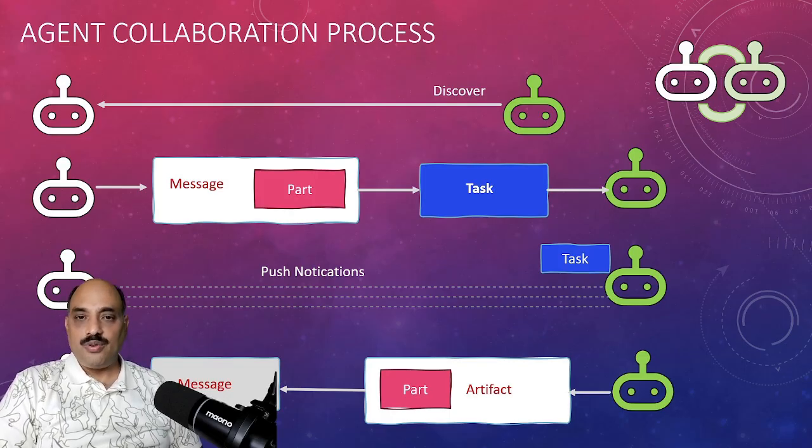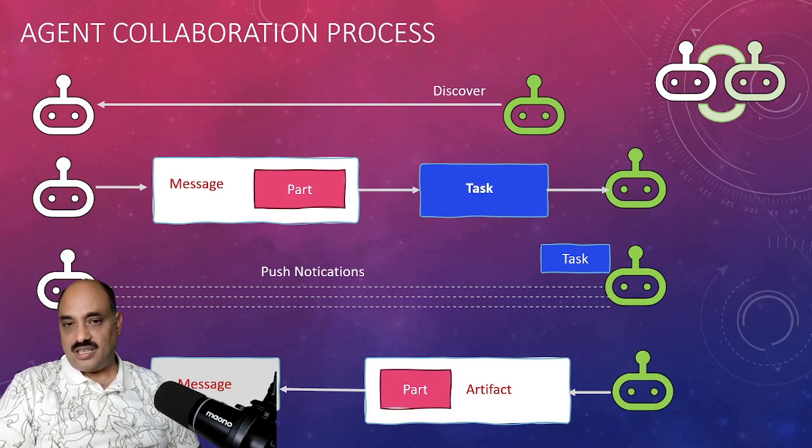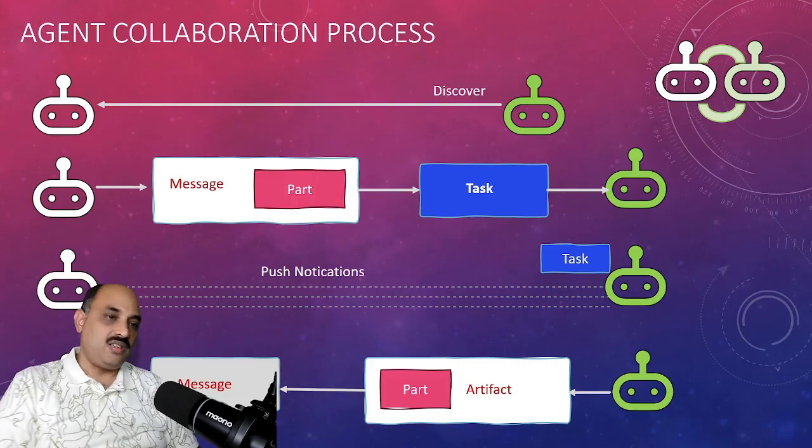That is what it will give you. So agent collaboration is the fourth skill of an agent, where an agent should be able to talk to multiple agents with different skill sets and different states. That is what the agent collaboration process is.